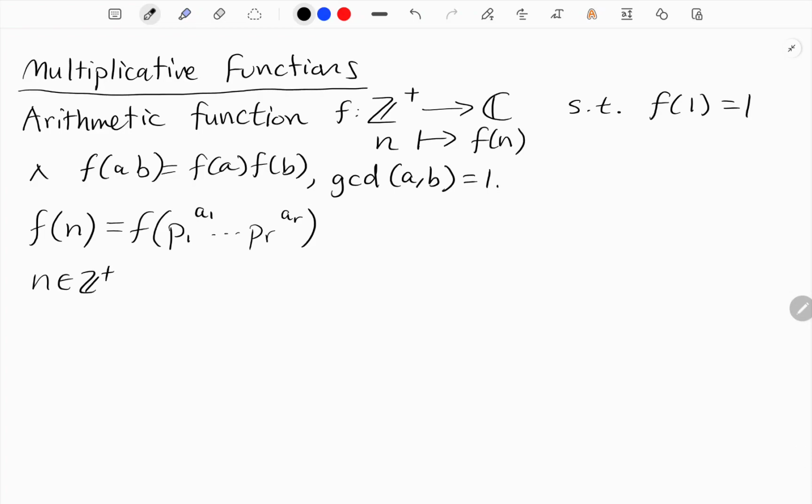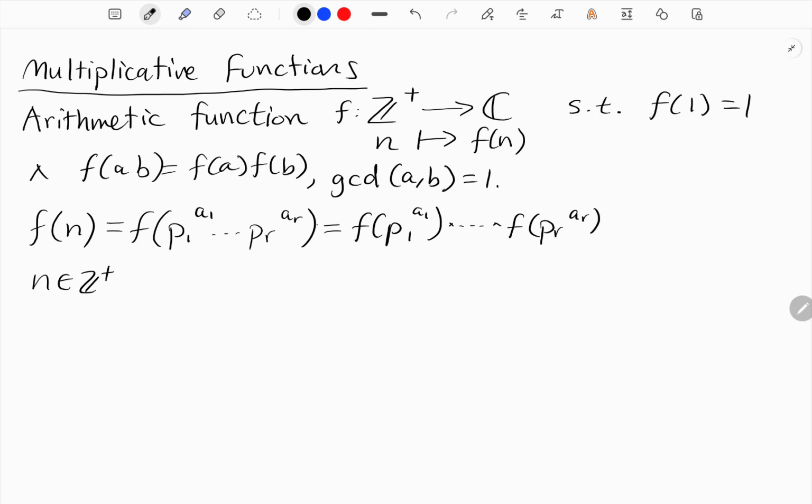Now, since f is multiplicative, right, I can rewrite this as f of p1 to the power of a1 times all the way up to f of pr to the ar. Each of these pi's, where i is between 1 and r, are all co-prime to each other.